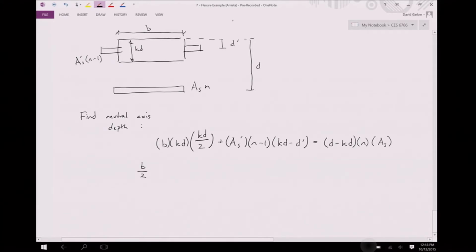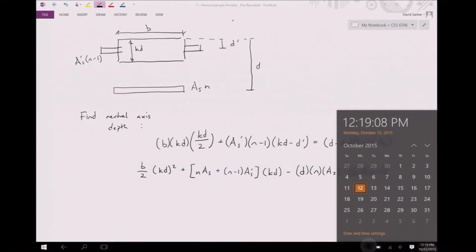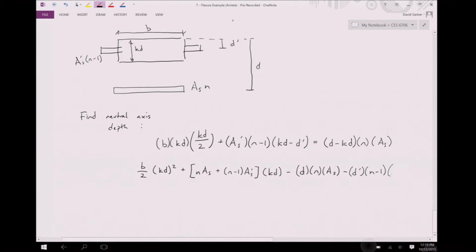So we'll have B over 2 times KD squared plus N AS plus N minus 1 AS prime times KD minus D times N times AS minus D prime times N minus 1 times AS prime. And this will equal 0.